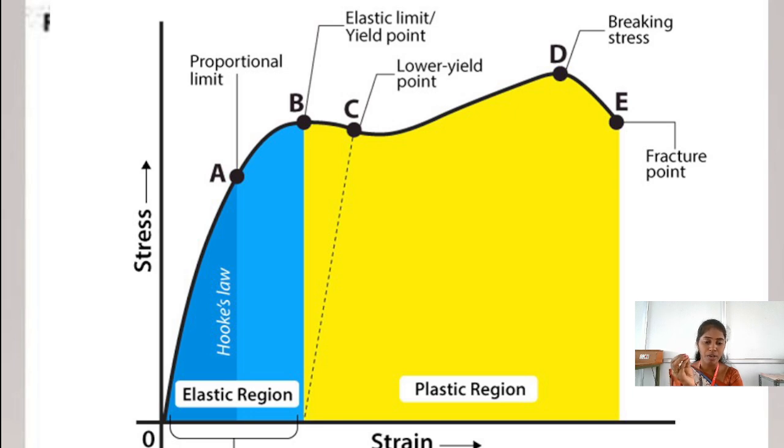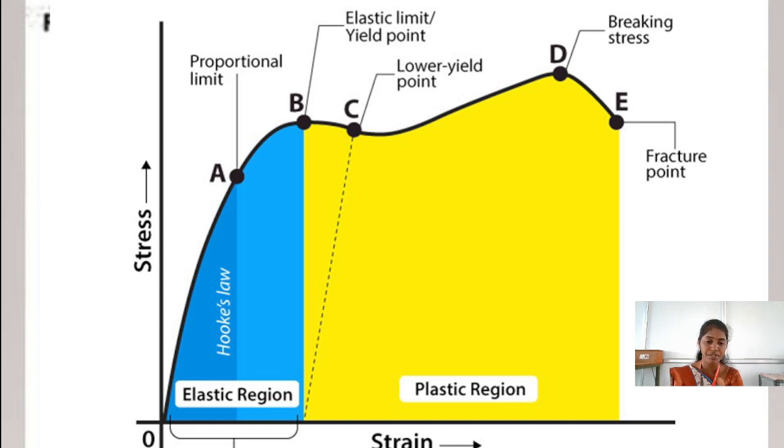After B, we are decreasing the stress value, but here also the strain increases. So at point C, while decreasing stress, the strain increases. That is called the lower yield point.